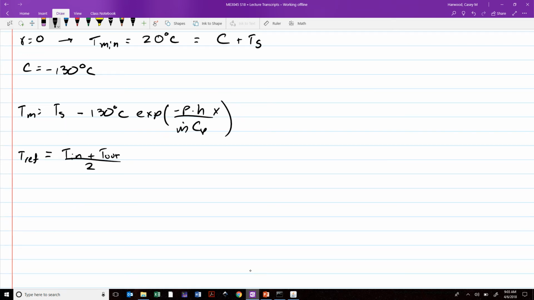So let's go ahead and make an initial guess that T out is equal to, say, 34 degrees Celsius.